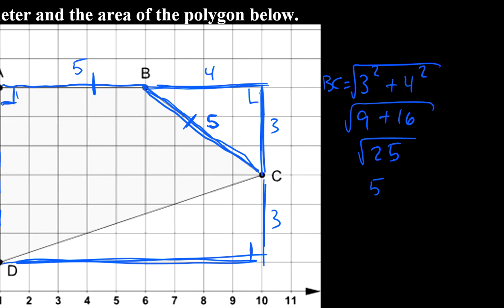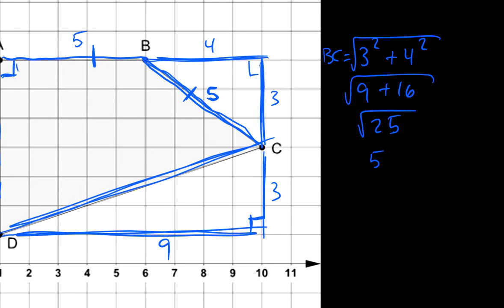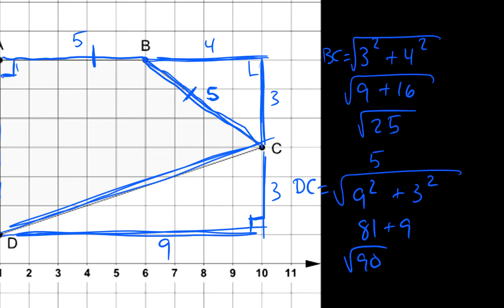So again, I'm looking at this triangle because I need to figure out the length of segment D to C. I can see that I have 9 squared plus 3 squared. If I take the square root of that, that's exactly equal to the length of segment DC. So the length of segment DC is this expression: 81 plus 9, so I'm looking at the square root of 90.